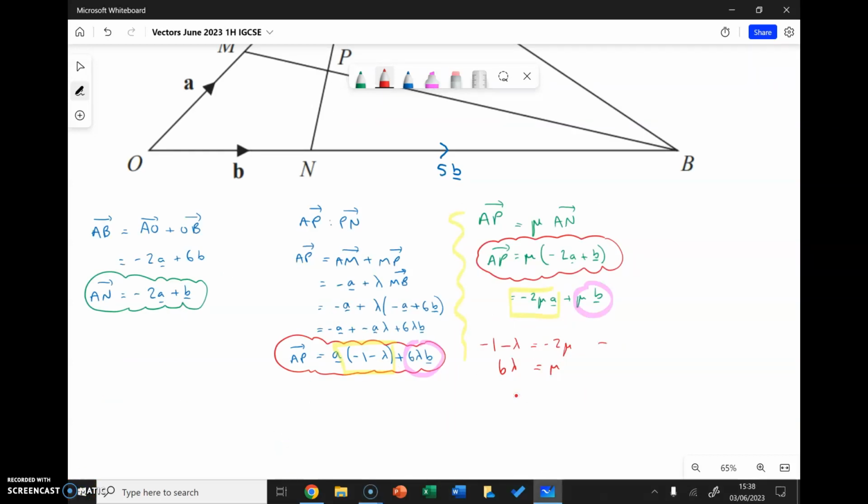So we could make this one slightly prettier and times it all by minus 1, which means you would get 1 plus lambda is 2 mu. We've got this 6 lambda here was mu. So we could say that 1 plus lambda must be equal to 2 lots of 6 lambda. If mu is 6 lambda, then 2 of it must be 12 lambda. I'm picking up from here.